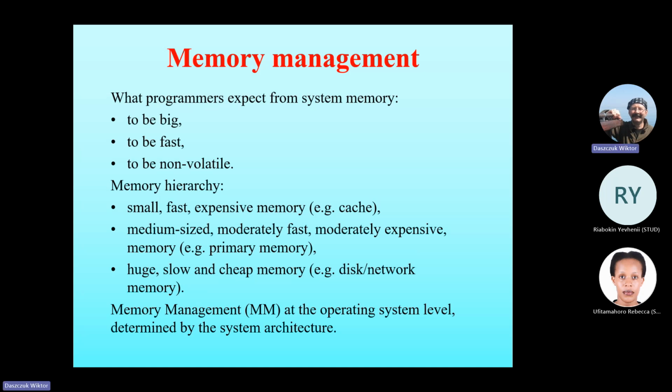Also, we have primary memory of a computer with access times about 100 times slower than, or more, maybe 1,000 times slower than registers.